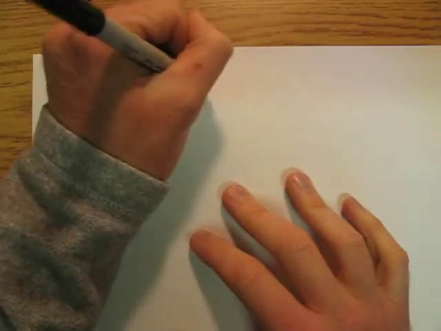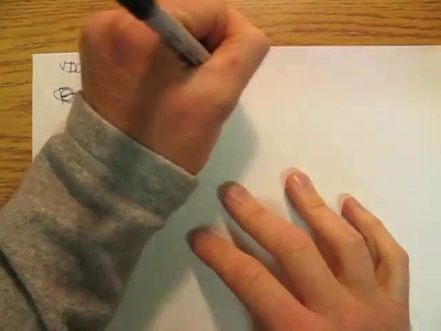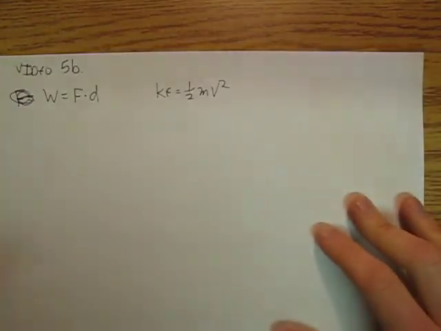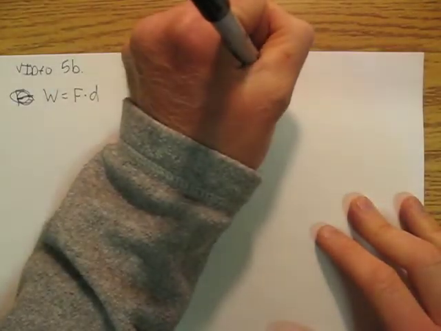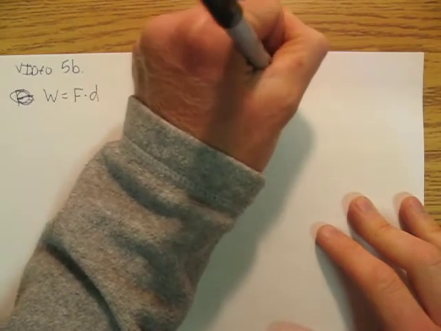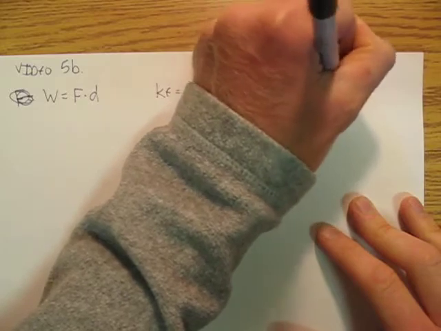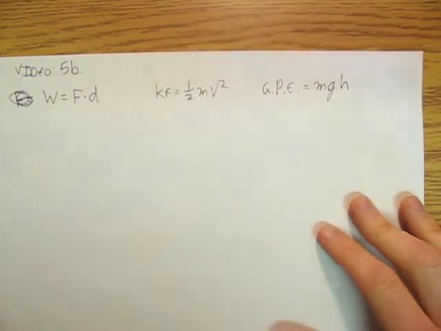Kinetic energy equals 1/2 mv squared, mass times velocity squared. And gravitational potential energy is equal to mass times gravity times height.